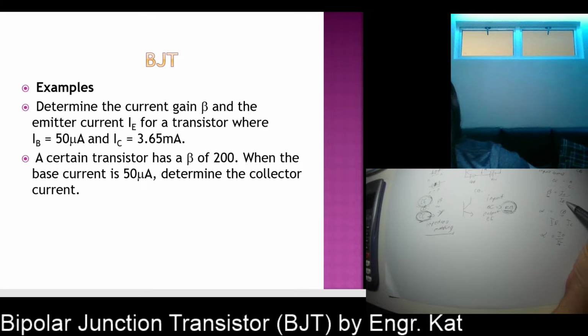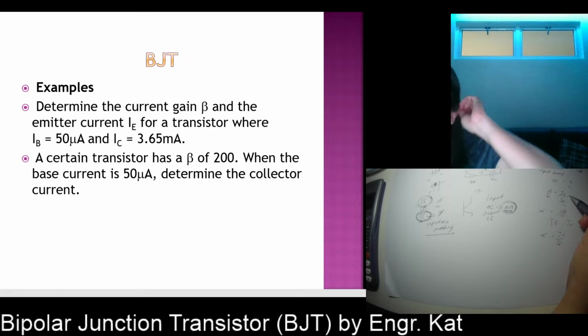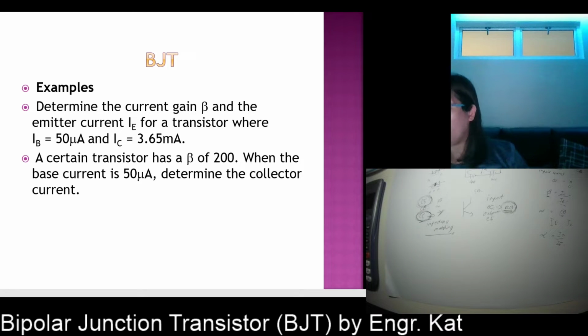Your input is IB, which is typically small, and then your output is IC, which is typically higher. So you have a small input current with a high output current. So there is a gain in your current. So therefore, beta is also called a current gain. Okay?